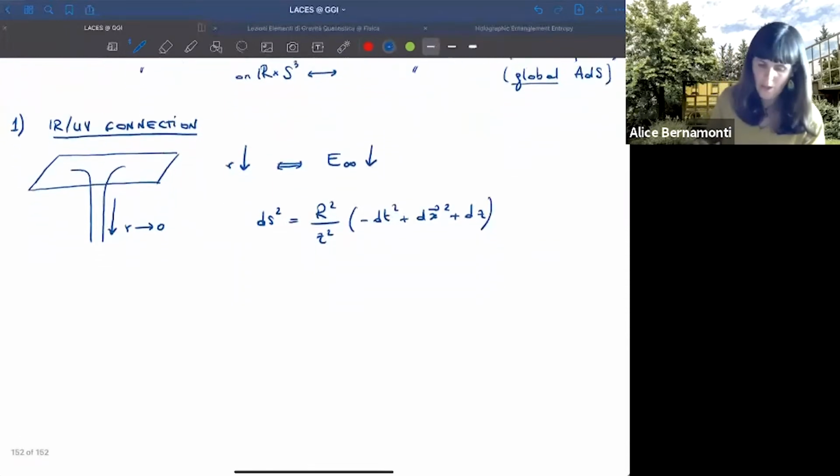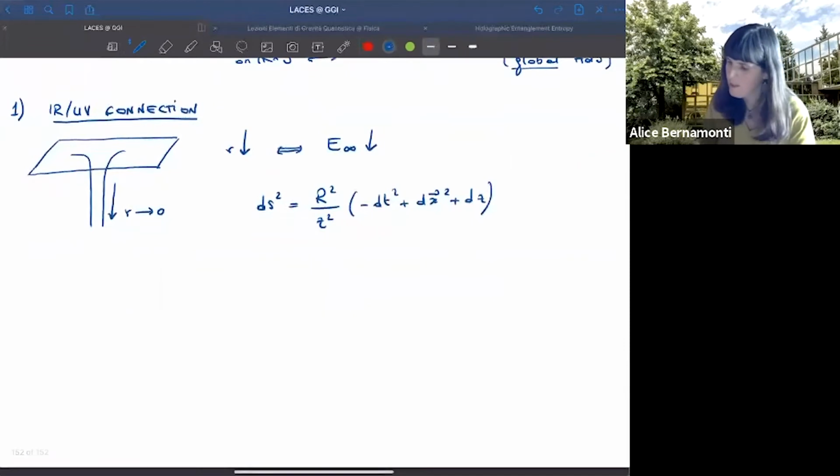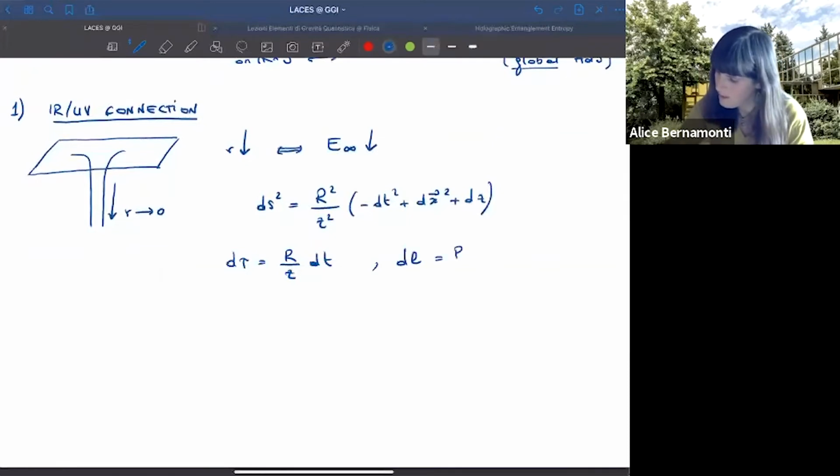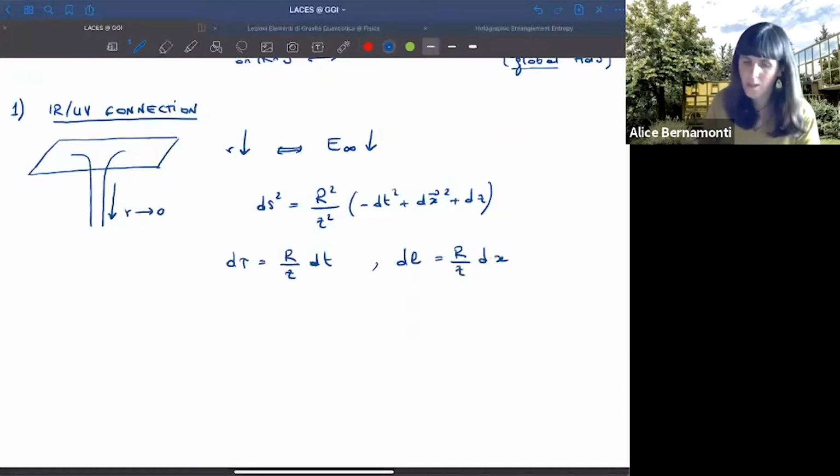Now, local proper time and local proper distance at the same radial location z are the following: d tau is defined as R over z dt, and dl is R over z dx. So the relation between energies and distances on the boundary and in the bulk is the following.